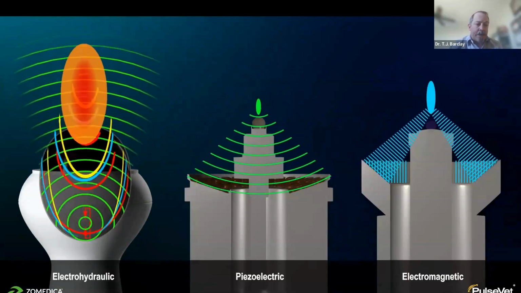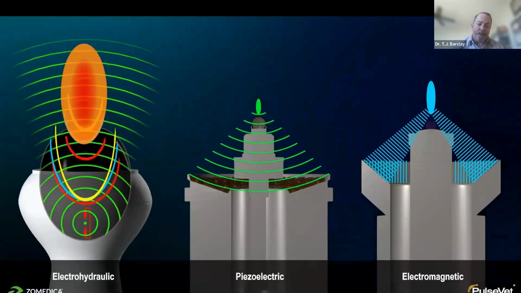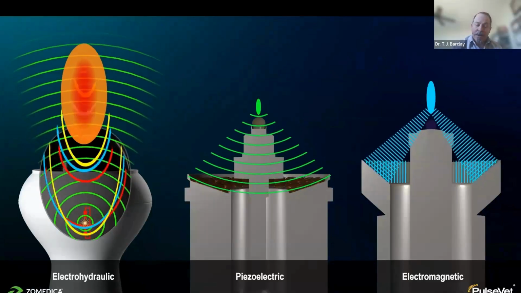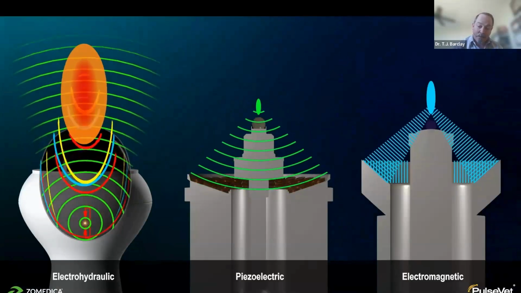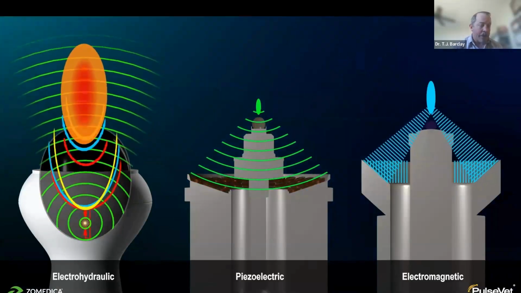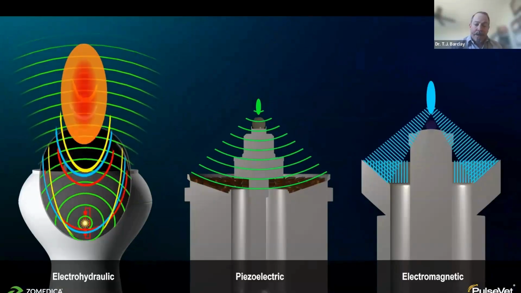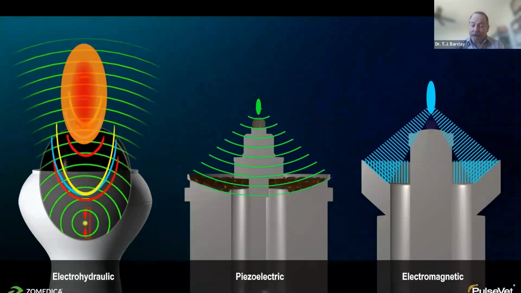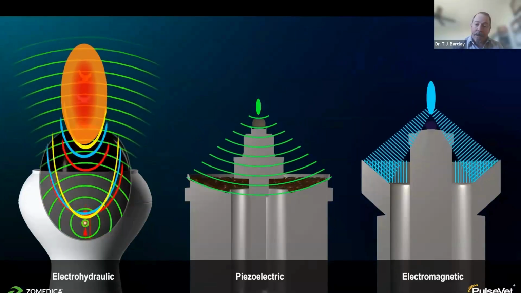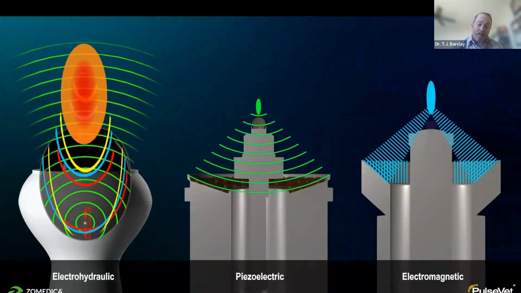Another thing that sets these types of generation methods apart is the relative size of the focal zone. The piezoelectric and electromagnetic generators are characterized by very small focal zones.